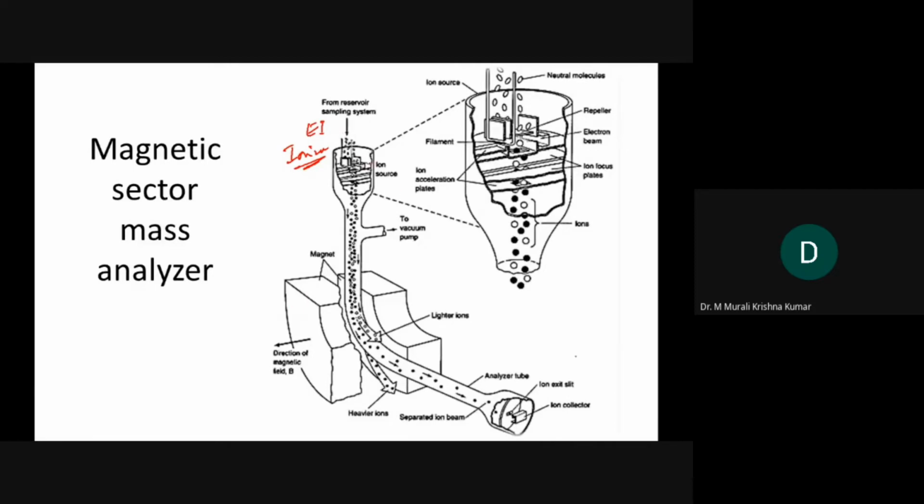Okay, so from here ions are generated. Now it is sent to a tube, and this entire area is under very high vacuum of 10 power -6 range.